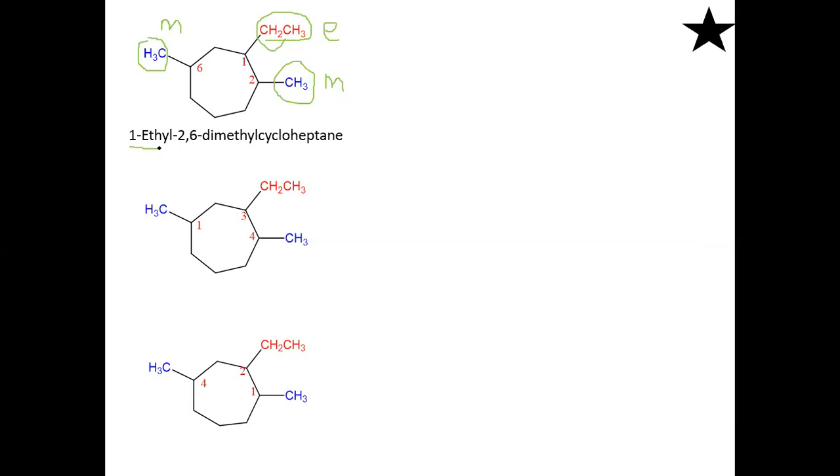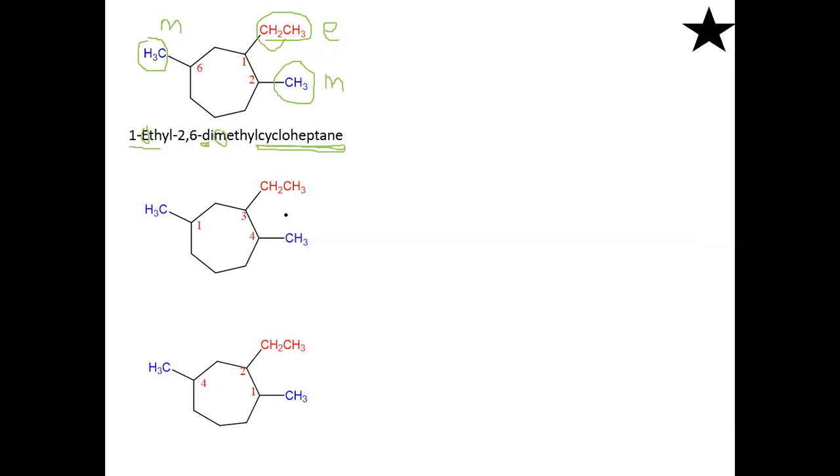E datang dulu compared dengan M. Okay, tetra tu semua tak kira. Kita ambil basic name dia. So E comes first. And the number here is 1, 2, 6. So 1 ethyl 2,6-dimethyl cycloheptane as the parent structure, parent chain dia.